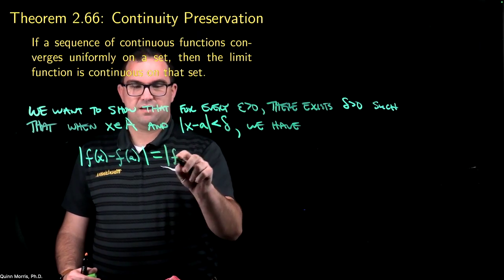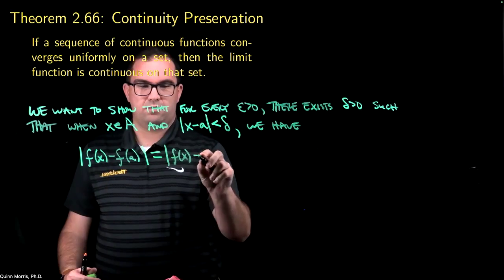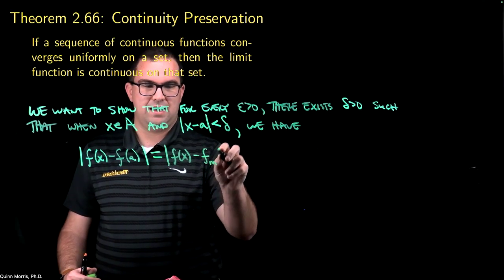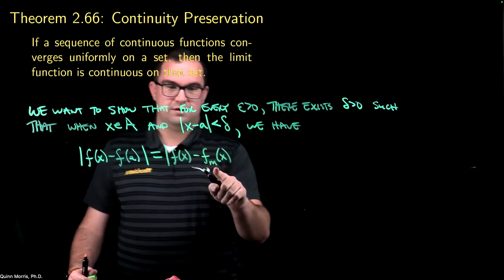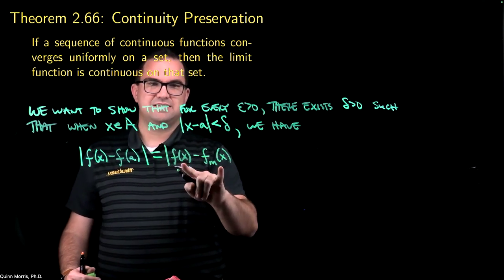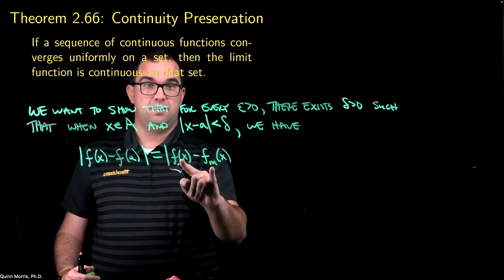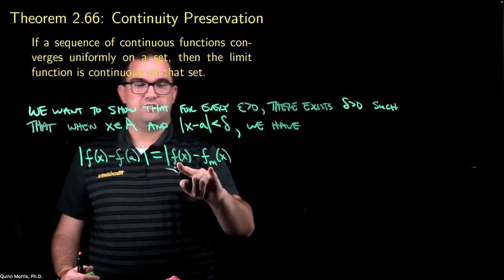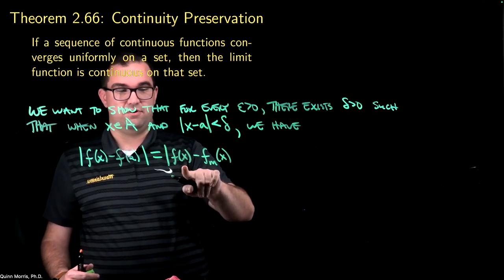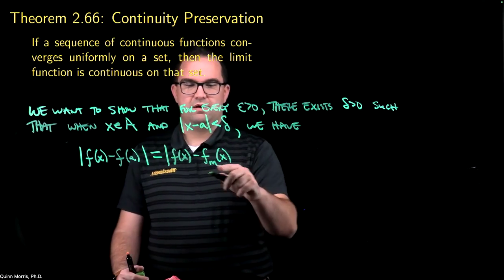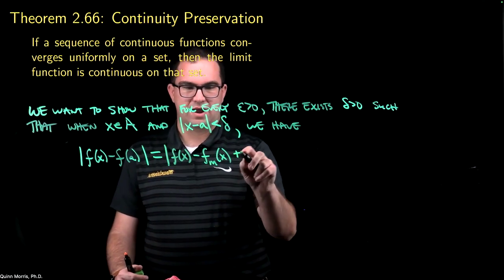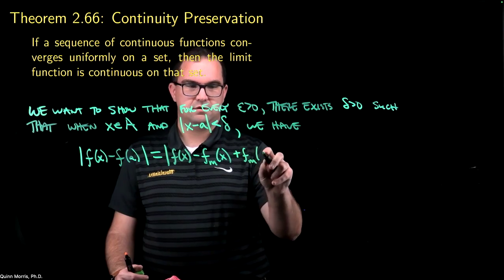So maybe instead of looking at this difference, maybe I want to introduce an f sub m of x, right? Because now I might be able to say something about this difference because this is maybe something about how f sub m relates to f, how the sequence function relates to the limit function. Well, I can't change the value though, so if I subtract that, I've got to add this.